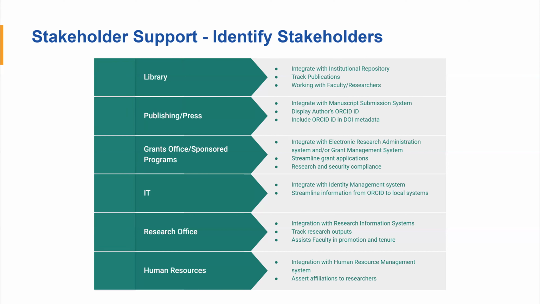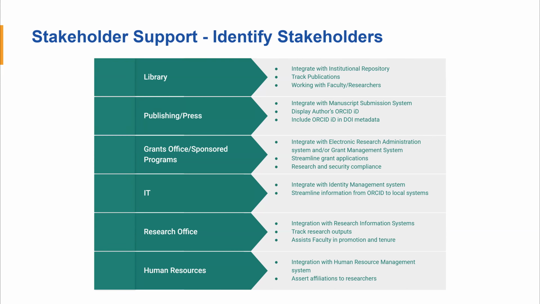Or if you are a funder or an association organization, you may have a publishing department. And in that sense, you may be looking into integrating ORCID with a manuscript submission system. And in this kind of integration, you want to make sure that you are displaying the author's ORCID ID in the journal, for example. Or you want to make sure that you are including ORCID IDs in the DOI metadata.